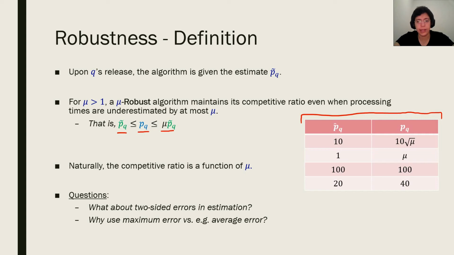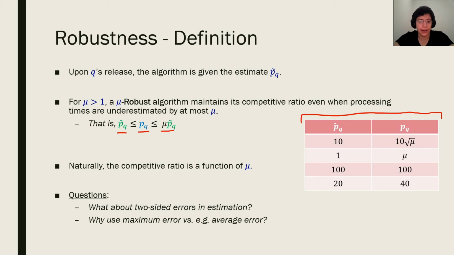The answer is that in the algorithms we describe, the algorithm requires knowledge of mu. And when the distortions, in either the underestimation or the overestimation case, are known, we can scale down the estimates for jobs by the maximum factor of overestimation. And this would turn a two-sided error into a one-sided error.